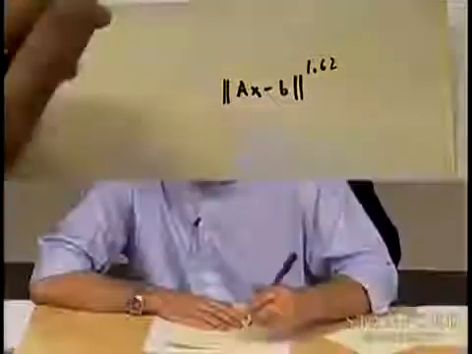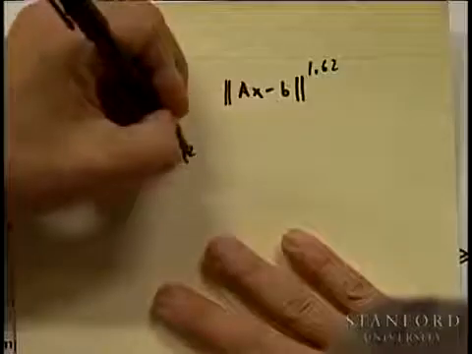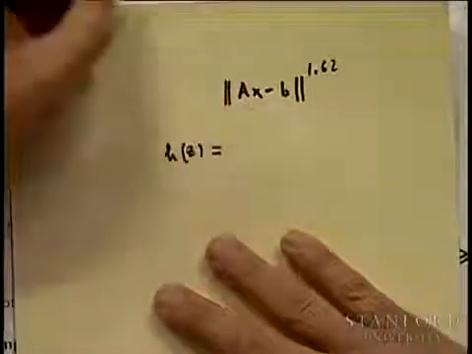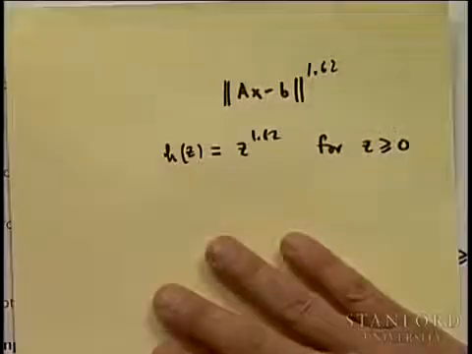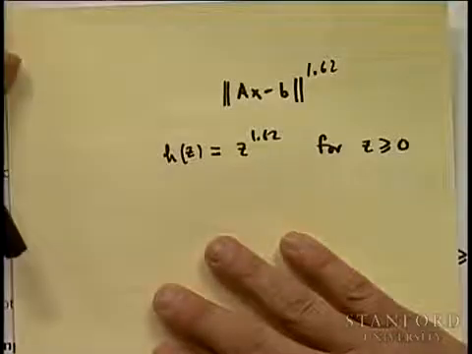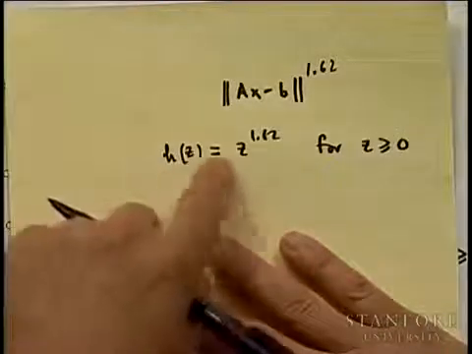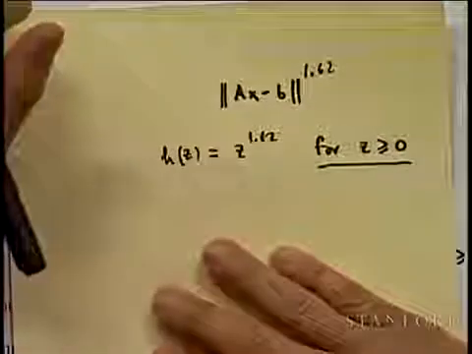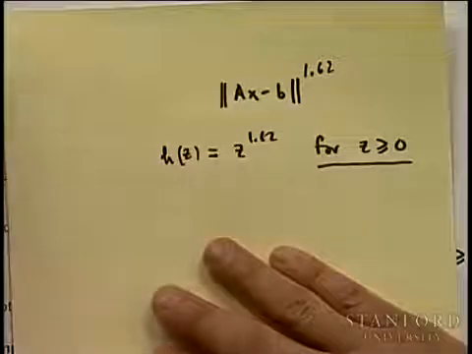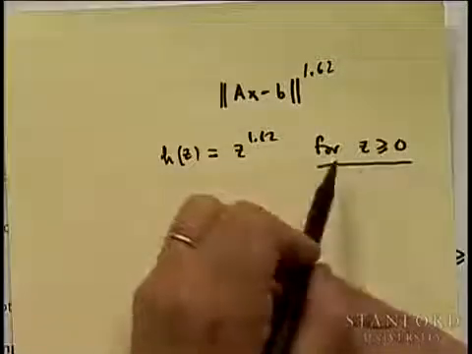Now I can't just define, let's get my notation consistent, h of z equals z to the 1.62 for z positive. I mean, I can say that. But this is, by the way, an informal way to say that the domain is non-negative z. That's what this is. Okay?